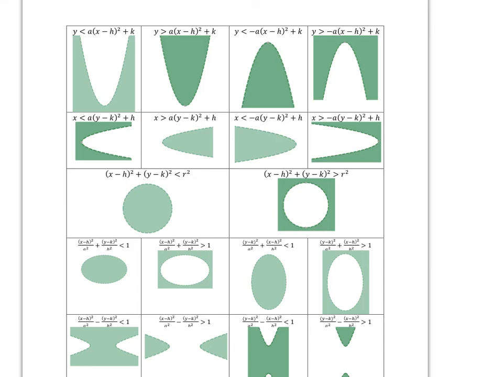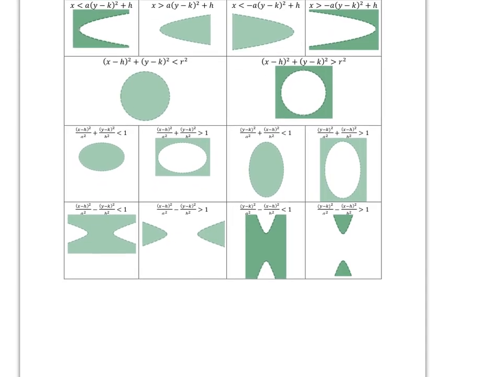Okay, for the next two rows, for circles and ellipses, whenever it's less than, you're going to shade inside. And when it's greater than, you're going to shade outside. And then finally, for hyperbolas. For hyperbolas, you need to know where the center is. So remember when we graphed the hyperbolas, we always started by putting a dot on the center.